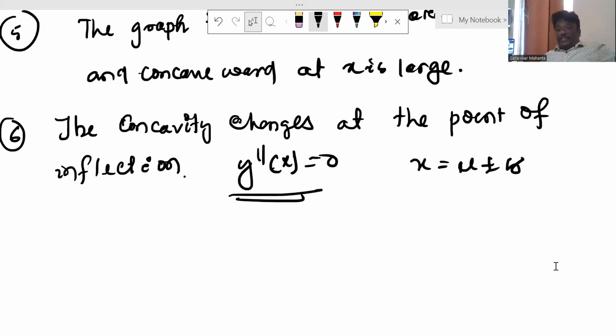If sigma is large, what happens? The curve tends to be flat. If sigma is large, then the curve tends to flat.